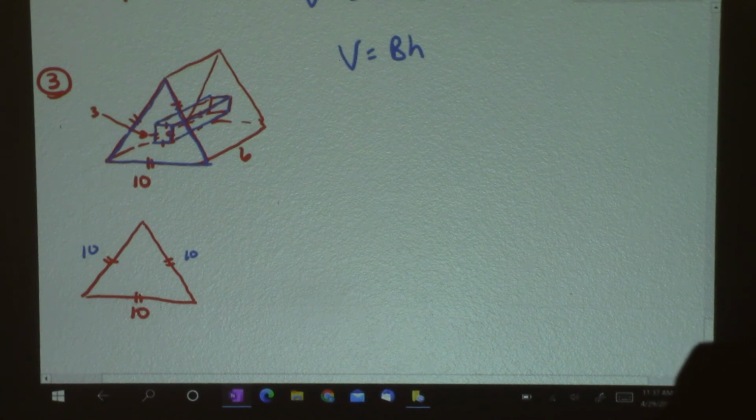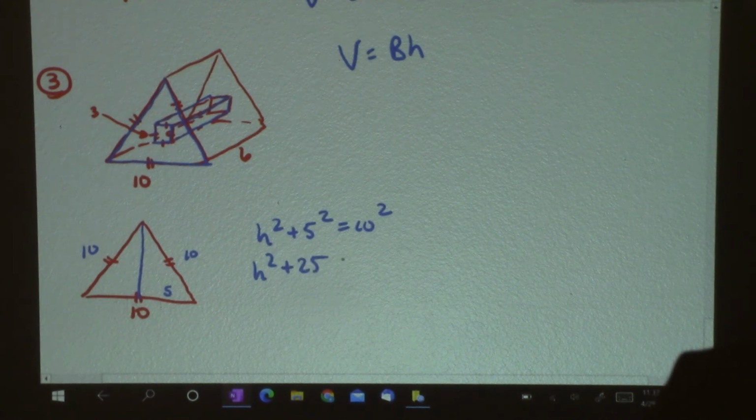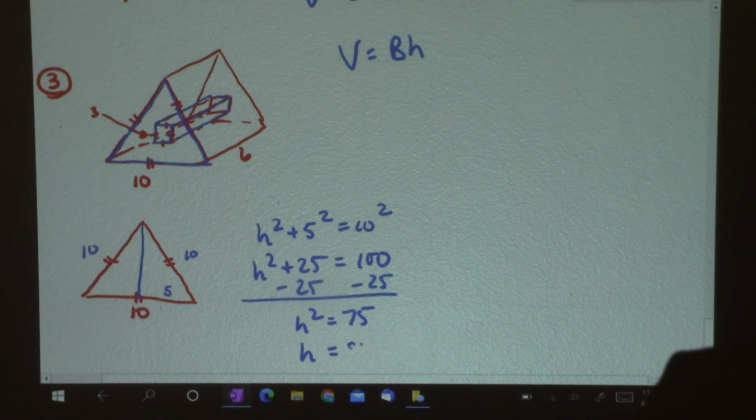So I can draw my height, and I know it's going to cut this in half because by definition of an equilateral triangle, the height bisects the base. So then I'm going to use the Pythagorean theorem, height squared plus 5 squared equals 10 squared, to find my height. So I have height squared plus 25 equals 100. So that becomes 75, and I take the square root and I get 8.66.